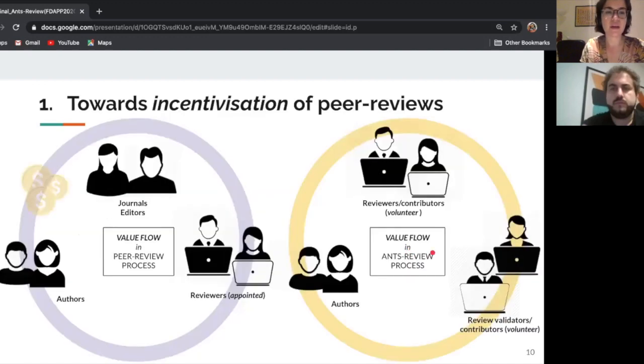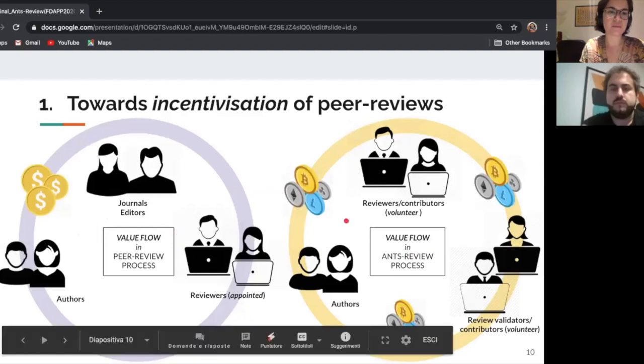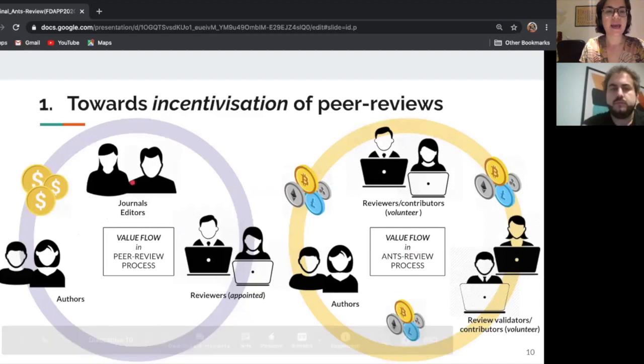Here again is a comparison between the current system and the system that we are proposing. In the current system, the value flows only from the authors towards the journals, and only the journals actually get material recognition for their work.